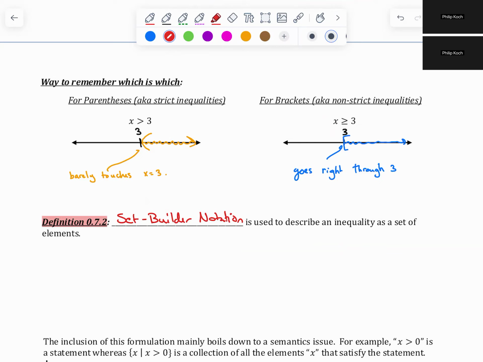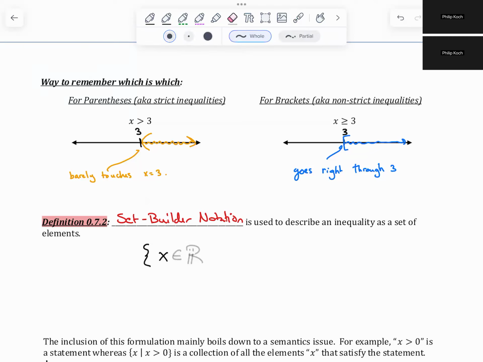So what set builder notation would be is a curly brace, and then you write x. I'm not going to write it here because this is the way the textbook does it, and this is the way most people do it when it's, quote unquote, clear from the context. But usually in upper division mathematics people will write something like this, which means x is an element of R, x is an element of the real numbers.